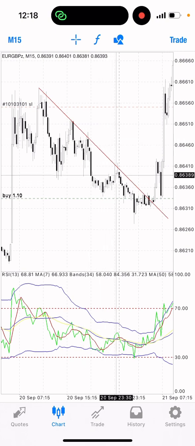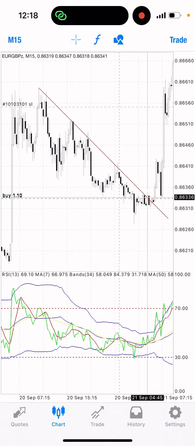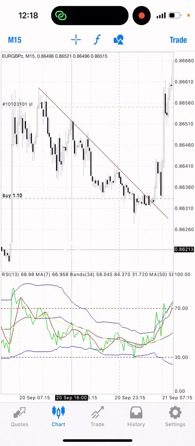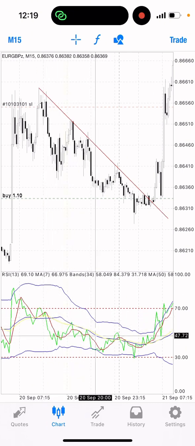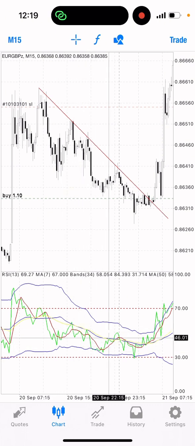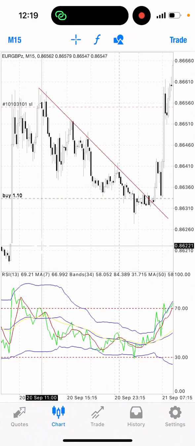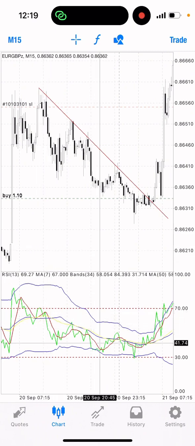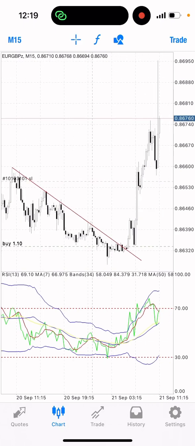As it was descending, we can see the TDI is below the middle band. You see how it is ranging below the middle band. This is showing us that the market is in a downtrend.